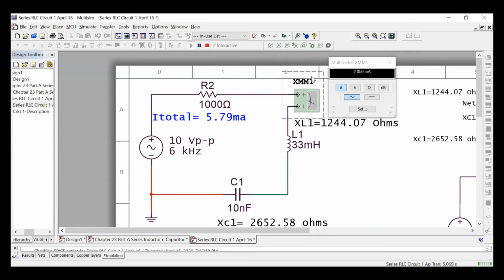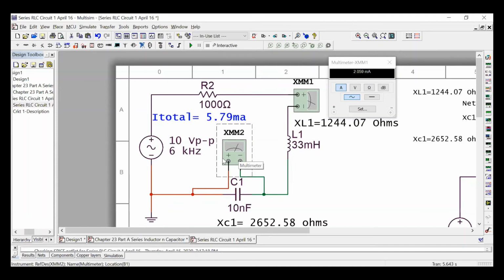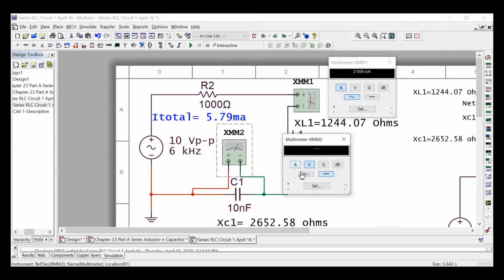Okay, let's check the voltage at the capacitor. I'm really curious to see what it is. So I'm just going to put another meter right here. I could actually hook this up to the scope, and I will do that in a minute too. So volts AC.